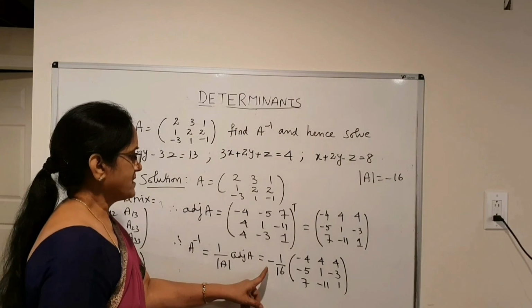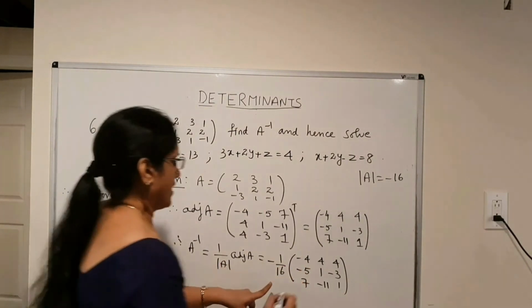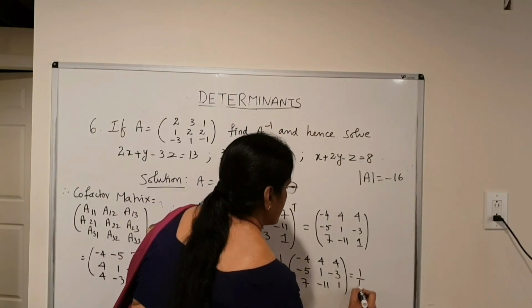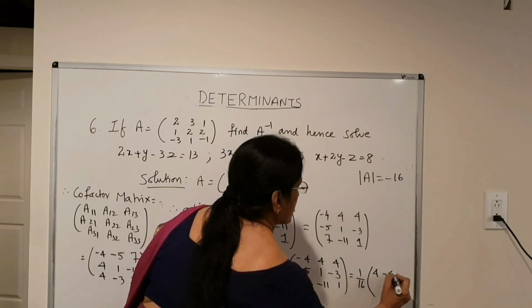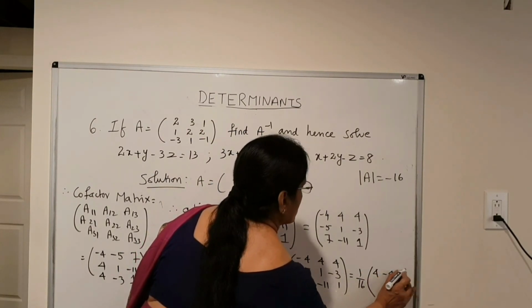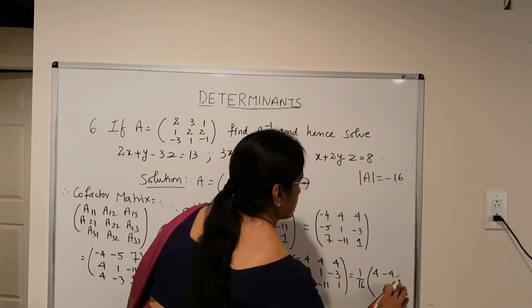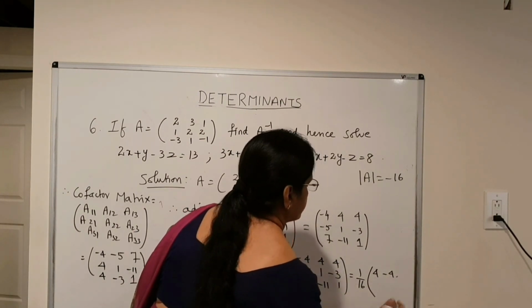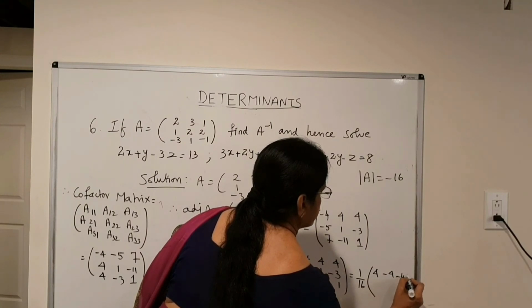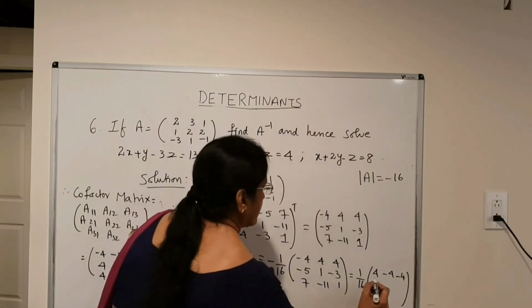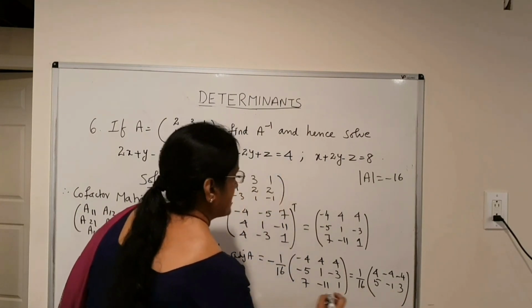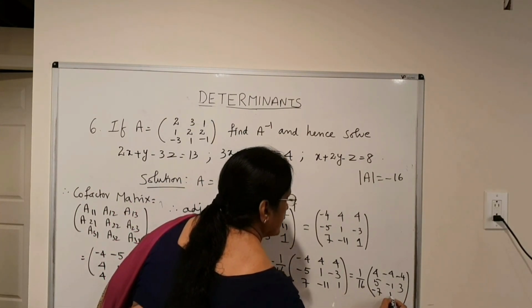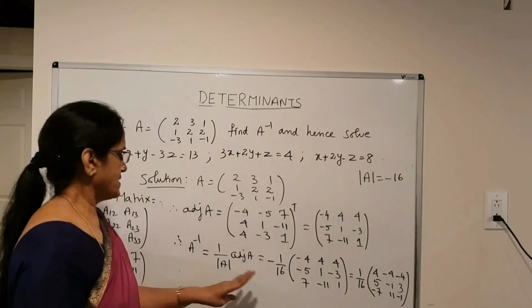Now let me take this minus sign inside. I will be getting this as 1 by 16 of 4, minus 4, minus 4, then 5, minus 1, 3, minus 7, 11, minus 1. So this is A inverse.